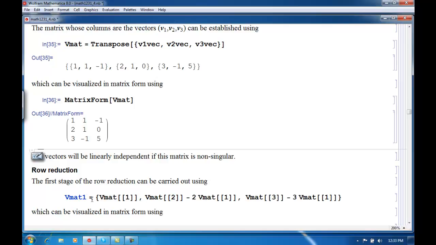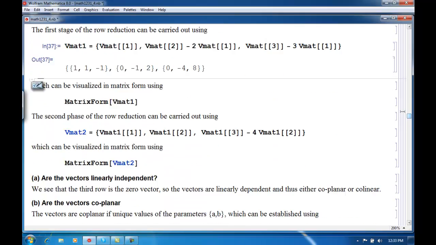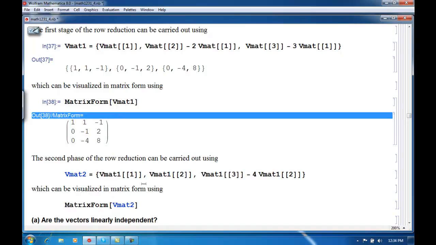So let's carry out the row reduction. So we want to subtract twice the first row here from the second row, and that will get us a 0 here, and 3 times the first row from the third row. So we do that using this, and we can visualize that using this, and we can see that we have indeed got zeros in the first column.